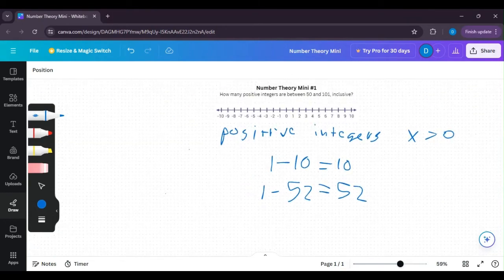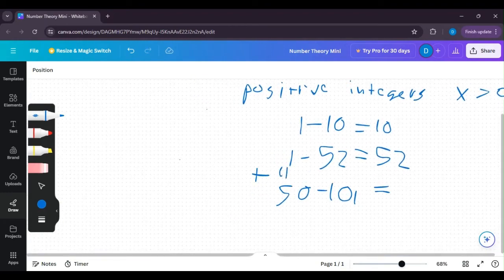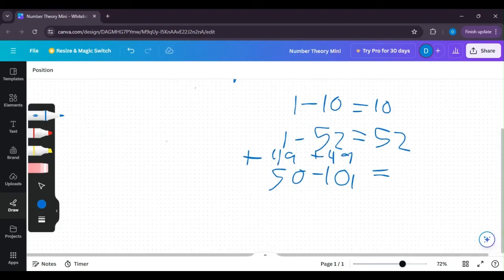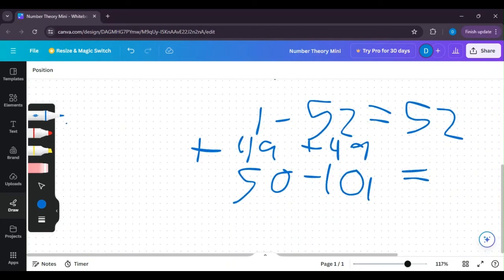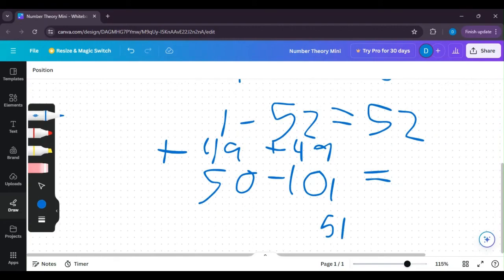Now we can go to our original problem, 50 to 101. What do you see here? If we add 49 to both of the numbers, we don't change a single thing. 1 plus 49 is 50, and 52 plus 49 is 101. So we're counting the same list, just adding 49. So 101 minus 50 is 51, 51 plus 1 is 52.